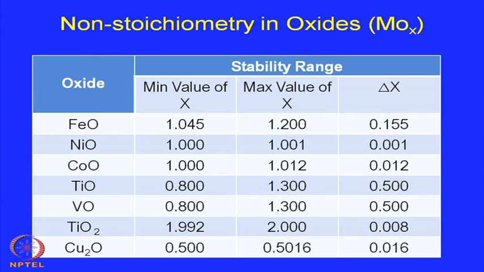TiO2 is different, it is supposed to be 1:2. Only in some cases is it really 2, but otherwise it is less than 2, 1.992, which is fairly low.